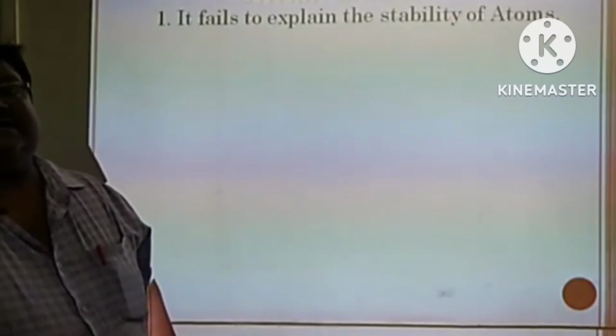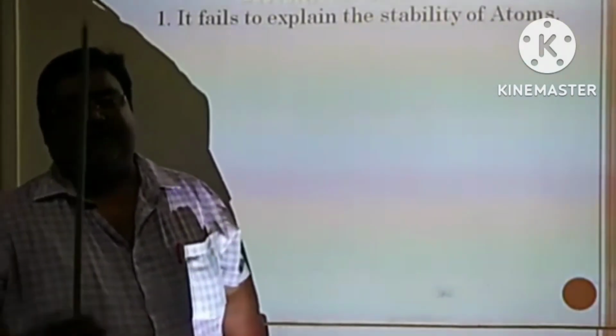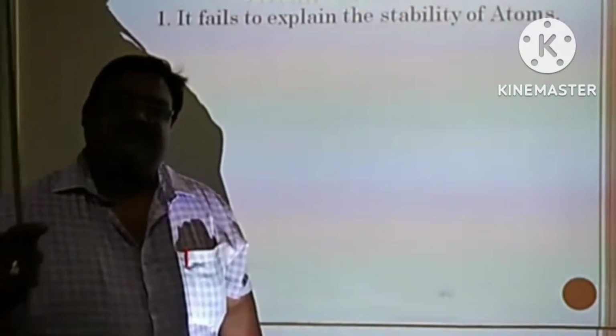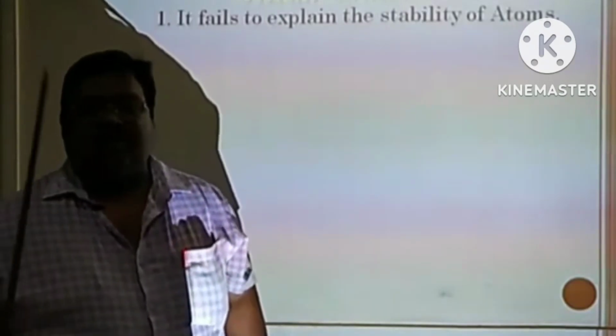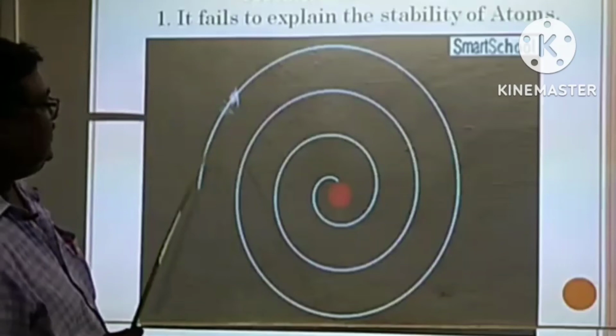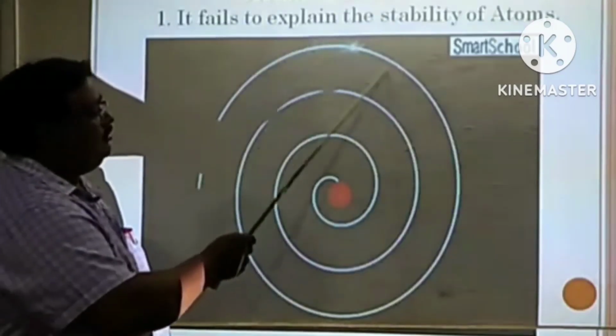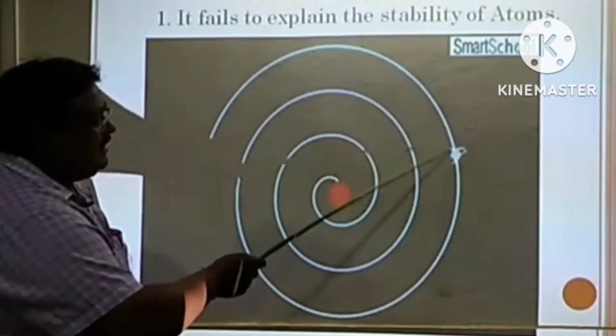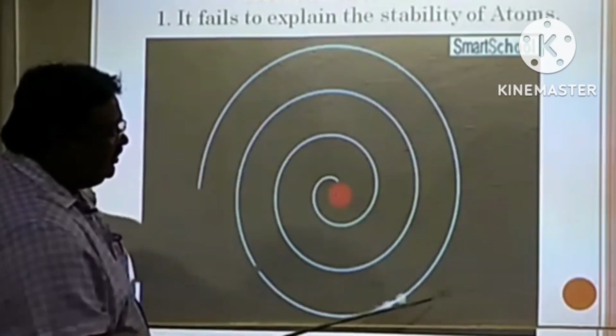Since the electron is a charged particle revolving around the nucleus, which is again a charged particle, the revolving electron must emit energy continuously. You can see here, this is the electron revolving around the nucleus. This revolving electron should emit energy continuously.